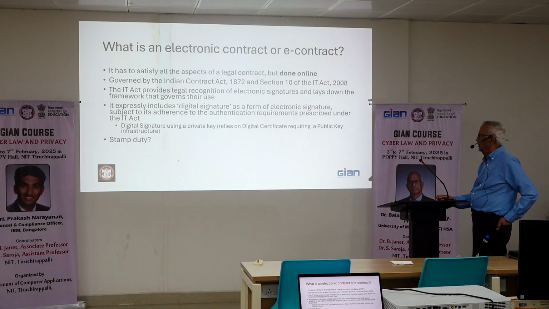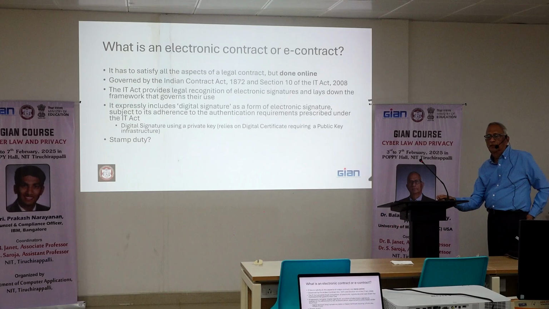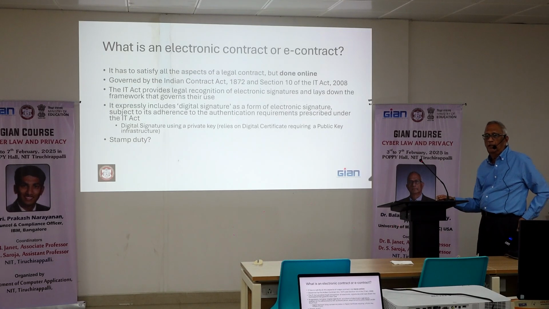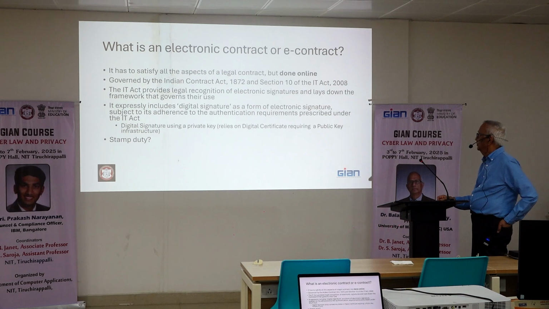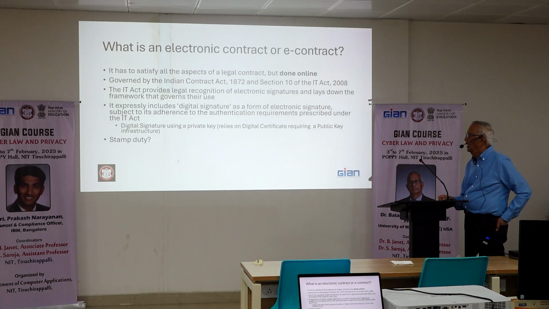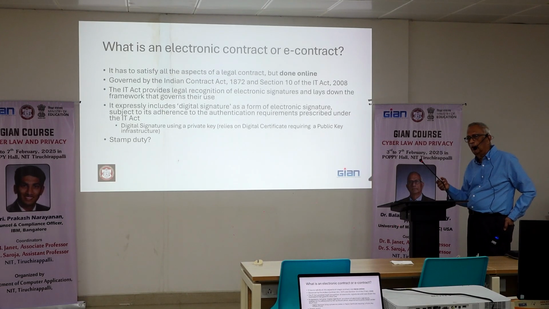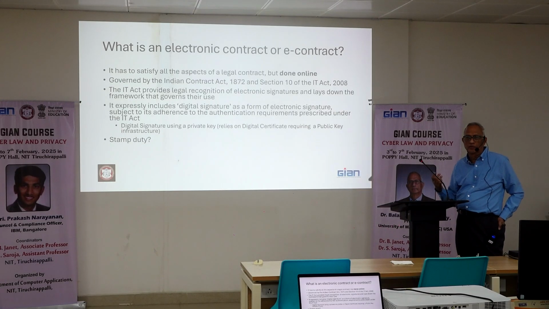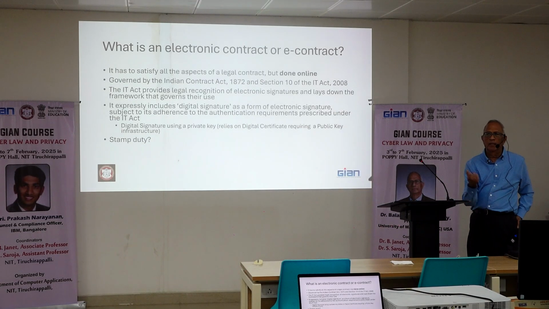Basically, what the IT Act provides is that it recognizes that some of the documents can be electronic, and it also recognizes that the signature can be an electronic signature. It also covers when a signature is a valid signature. How do you prove the electronic signature is done by the person who claims it is?